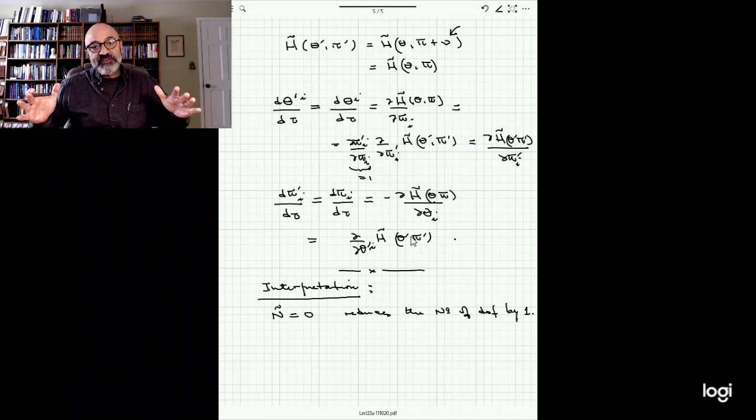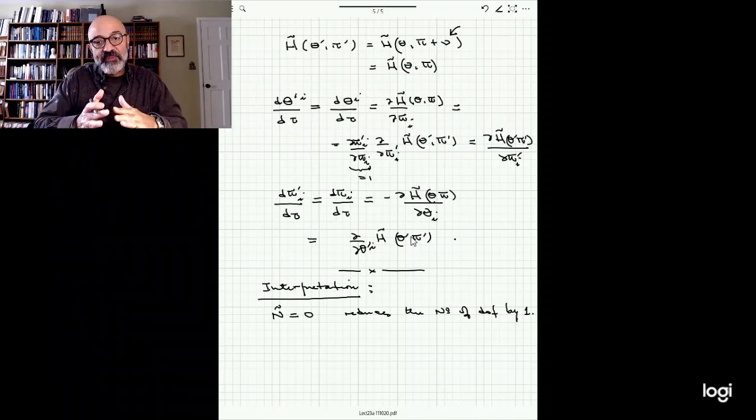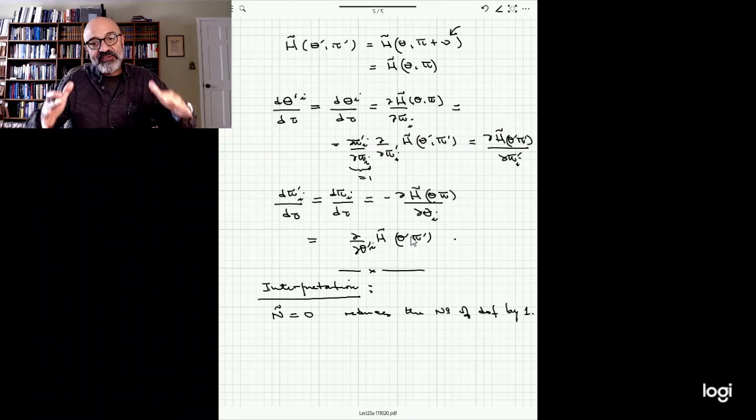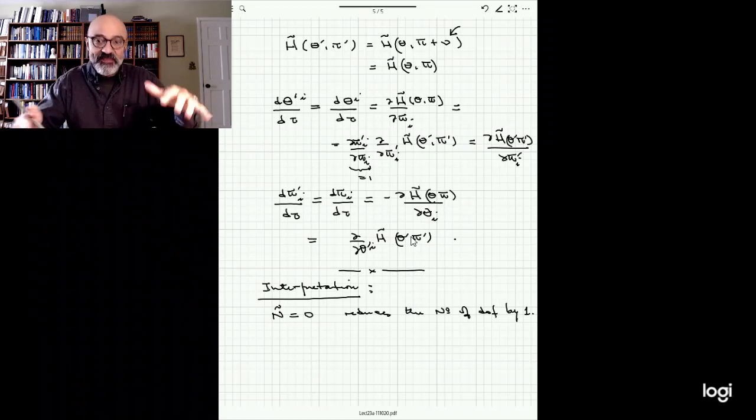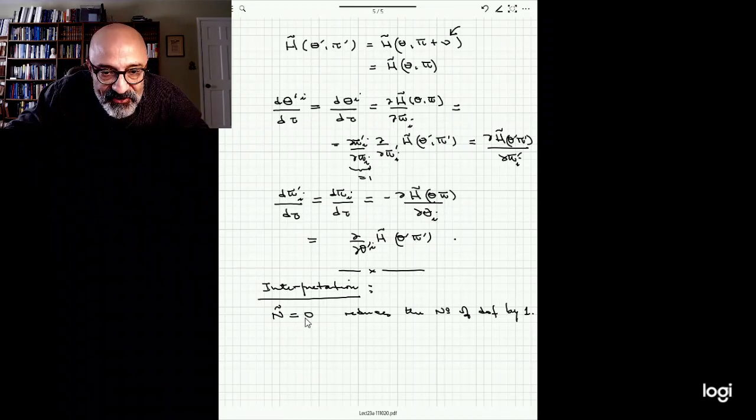So this is what brings us to the simplex. We want a description in which probabilities evolve along the normalized surface. So the constraint reduces the degrees of freedom by 1.